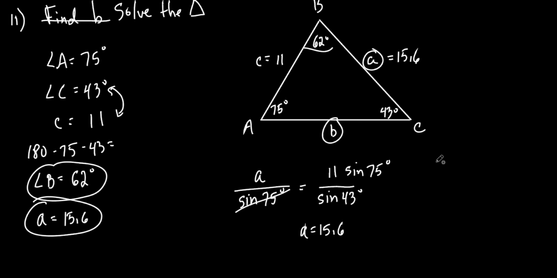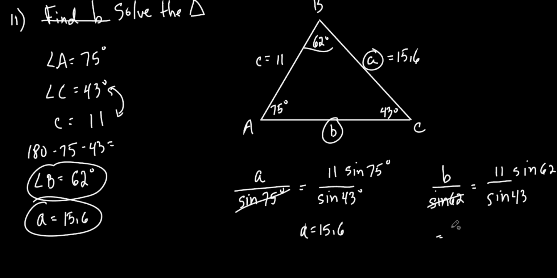All right, so let's do this. We're solving for B, so you put B over the sine of 62 equals, let's go back to the C because we know both of those. So again, we'll put 11 over the sine of 43. It's almost identical to the other problem, except you're multiplying by the sine of 62 this time instead of the sine of 75. All right, and that should give you your answer.